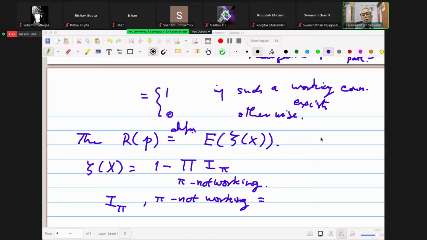This is the product of 1 minus these edges. Product of 1 minus product of xe. Okay, 1 minus, sorry, I wrote xe here. Xe, e in pi. Okay.